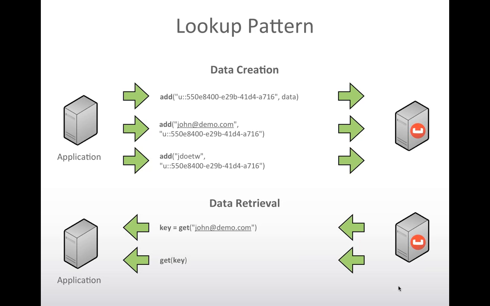And if in some case you may have multiple users associated to the same Twitter ID, instead of using a simple string as a value, you can store a list of strings that will represent the list of the keys that are related to this user. And when you want to get the user, for example, by his email, you do a get from Couchbase with the email john@demo. It will give you the key of the user, and you redo a get.